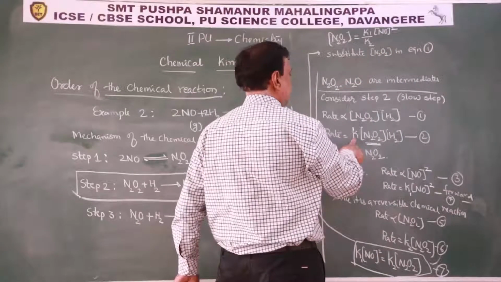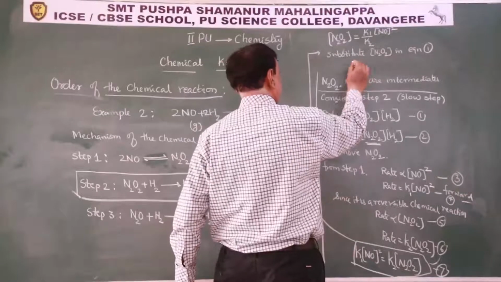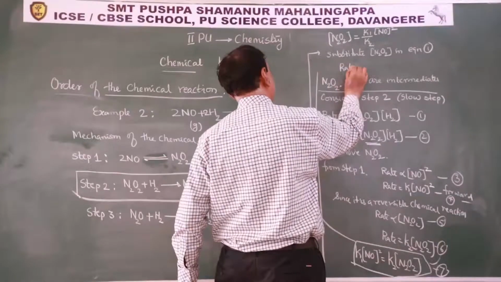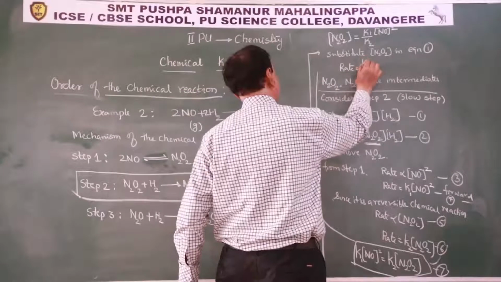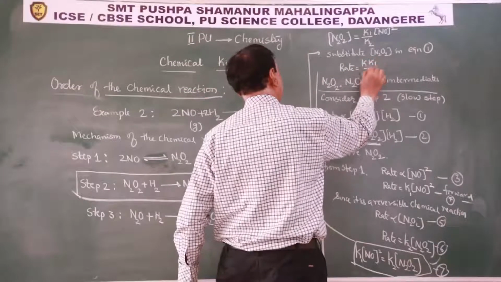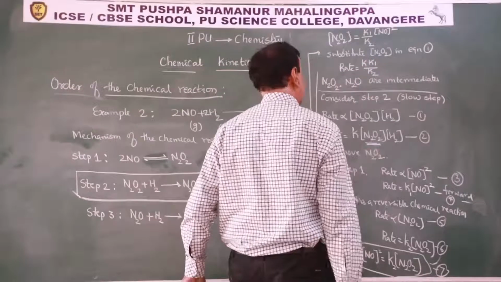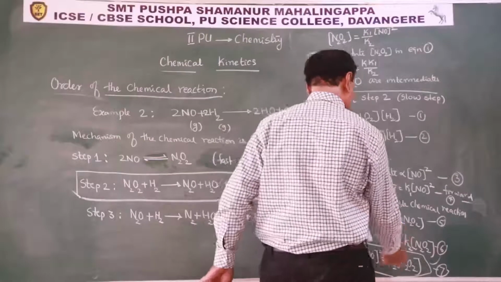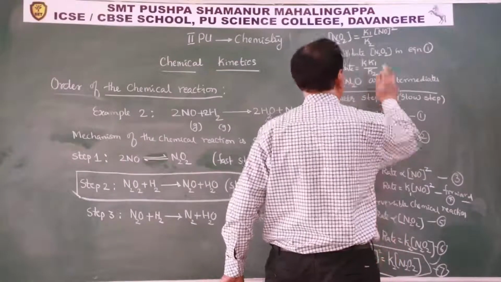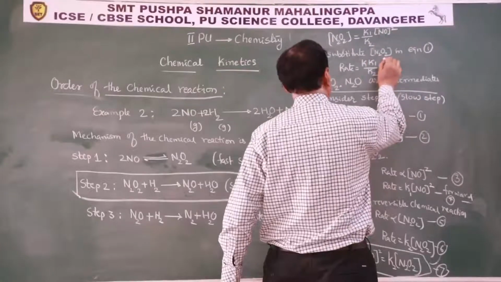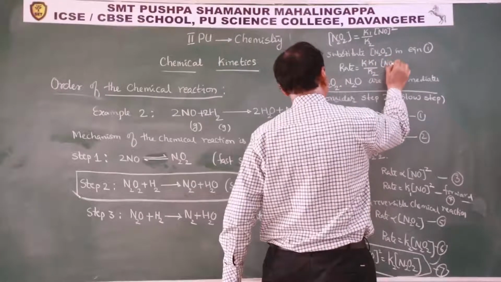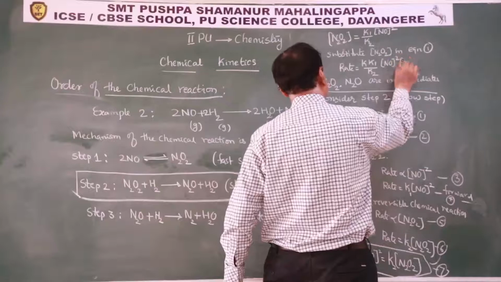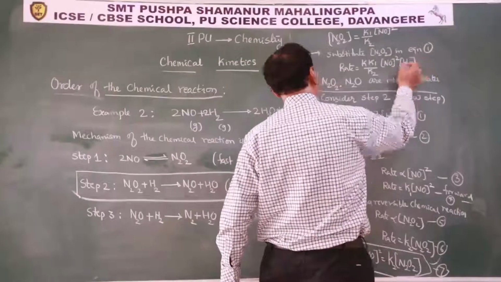Now rate is equal to k into K1 by K2, in place of N2O2 you substitute NO whole to the power of 2 into H2.